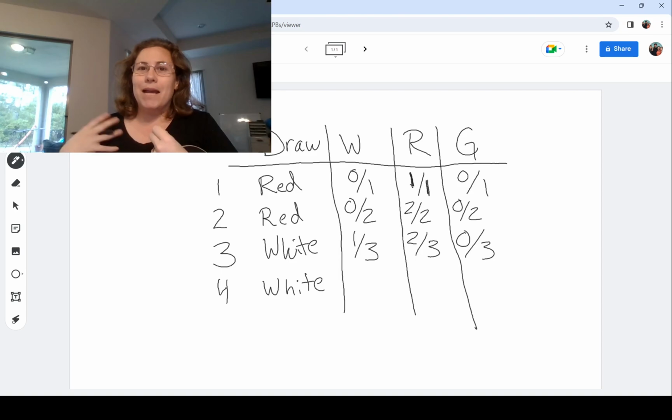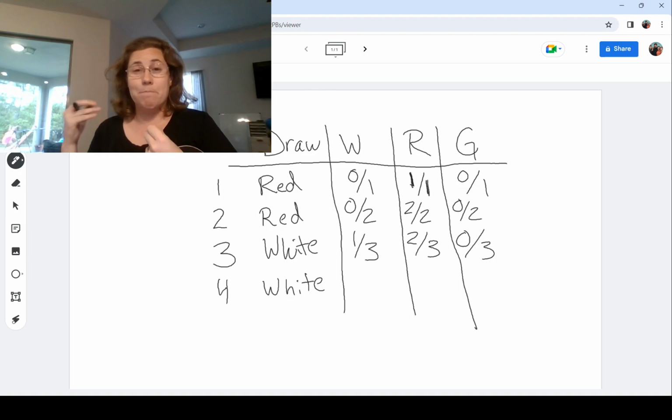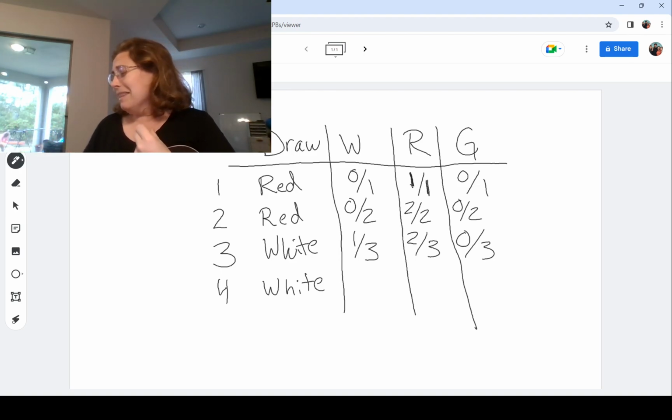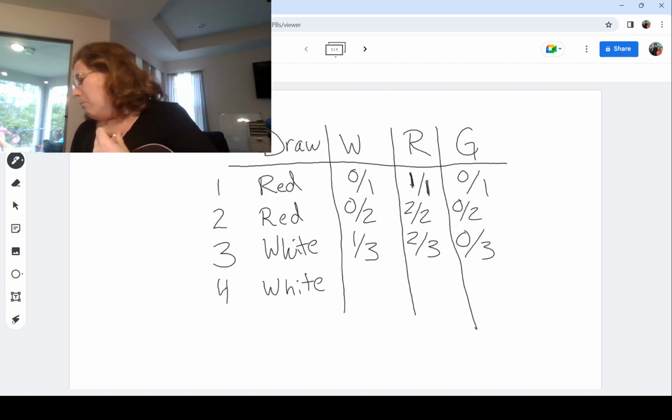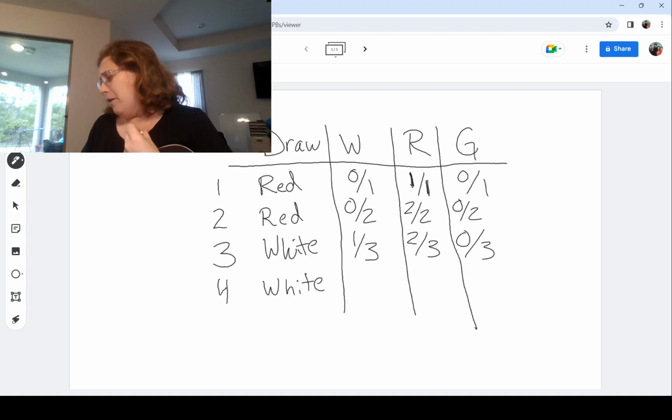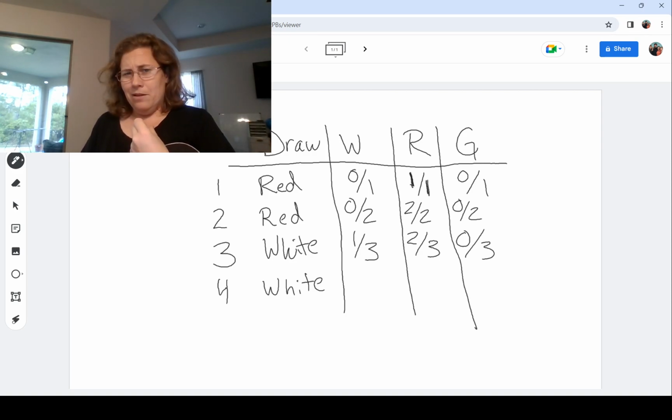In my master's program, I learned that the rule of large numbers, 30, was like the beautiful magic number. The foundation textbook says multiply the last fraction for that color in your chart times the total number that you tell the students. I'm not a huge fan of that being the number of draws that we're going to have.